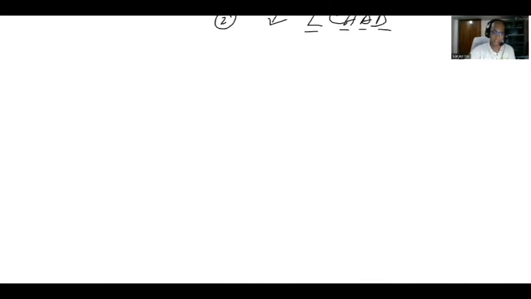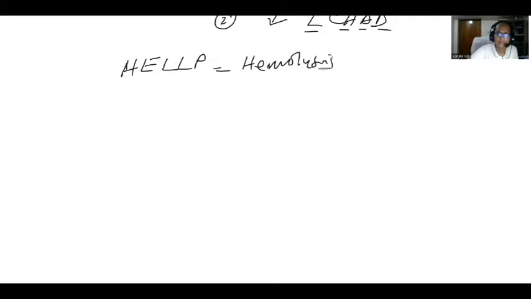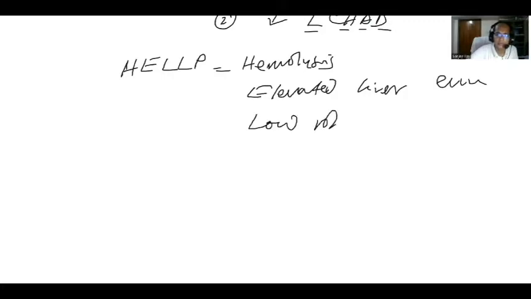Now, the second most important is HELLP syndrome. We know HELLP, that is hemolysis, elevated liver enzyme, then low platelet count.